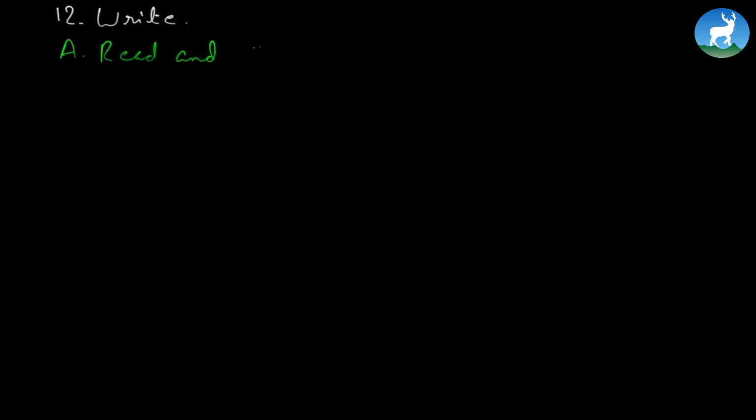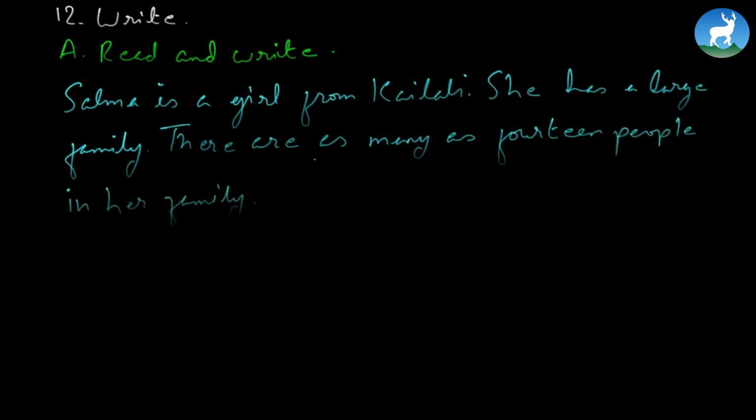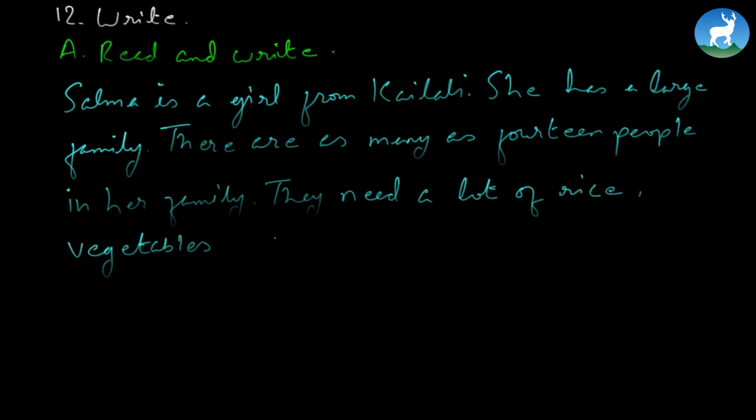Number A. Read and write. Now here's a passage given in the book, which I'm going to copy now. Salma is a girl from Kailali. She has a large family. There are as many as 14 people in her family. They need a lot of rice, vegetables, and lentil every day.